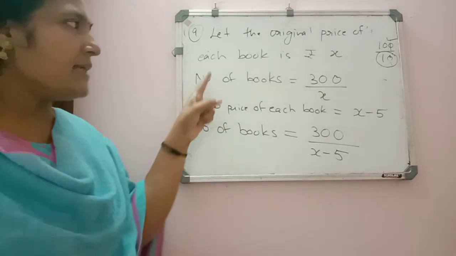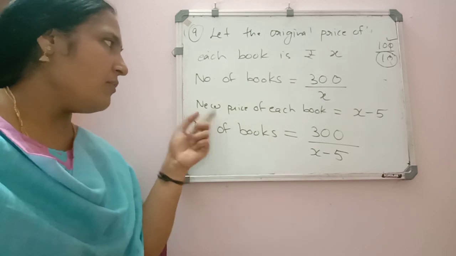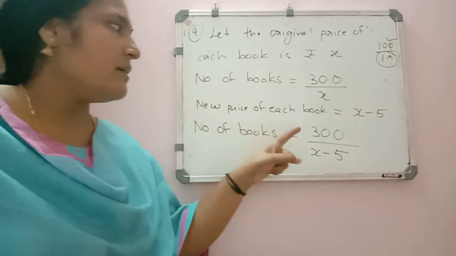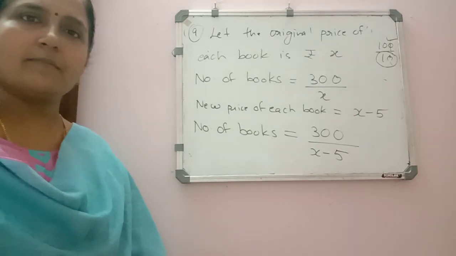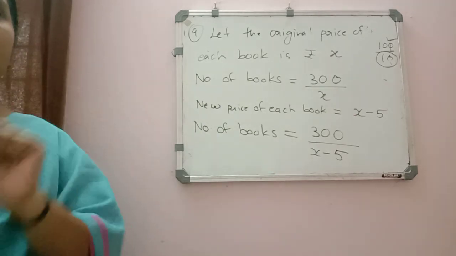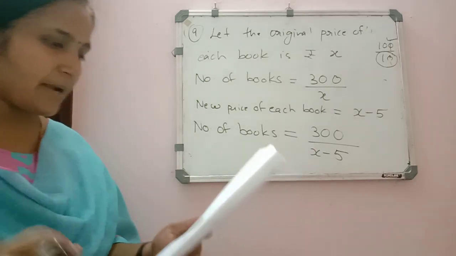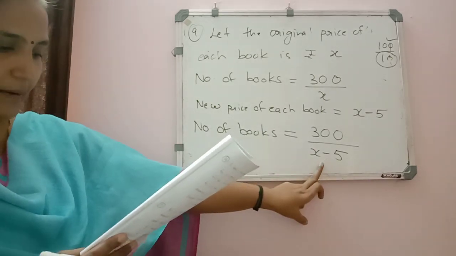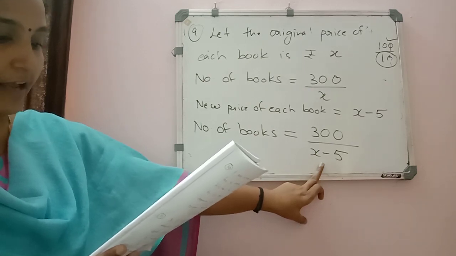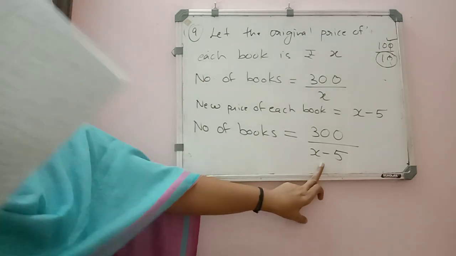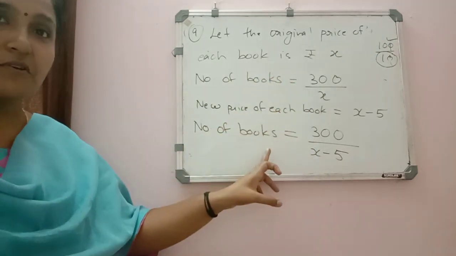So in the first case, the number of books is 300 by X. Now when the price is reduced, the number of books purchased is 300 by (X - 5). Now check the information given in the question. If the price of the book is reduced by 5, a person can buy 5 more books for rupees 300. These two represent the number of books only.